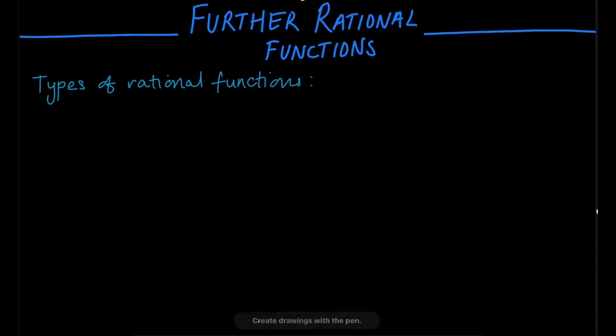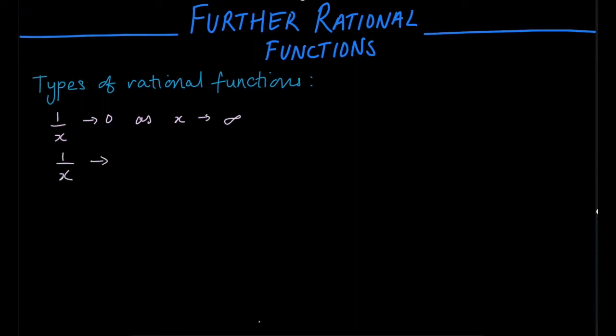A few things we need to know before we move on to the specific asymptotes are the following. 1 over x approaches 0 as x approaches infinity. 1 over x approaches infinity as x approaches 0, provided that x is greater than 0. 0 over n equals 0, where n is not 0 and n can be any number.